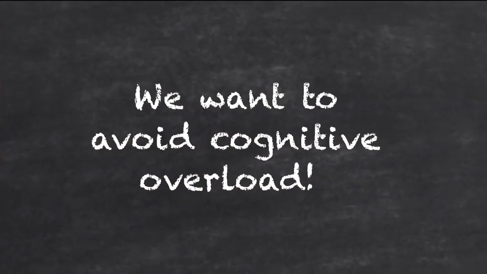So by selecting materials that are way too difficult, we are overloading the student, called cognitive overload. So to avoid cognitive overload, we want to select tasks and activities that are just above their current level of knowledge. So how can we find out where our IELTS learners are at?